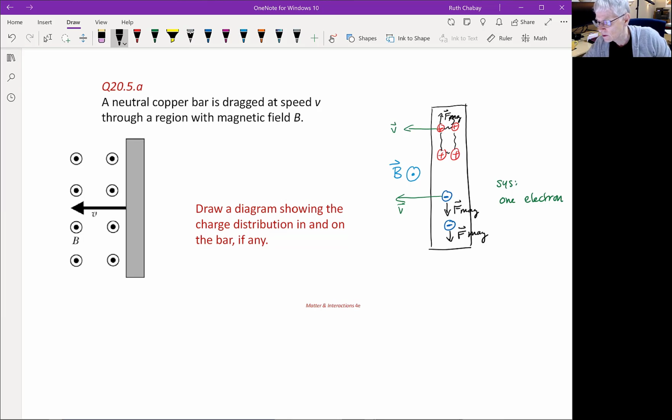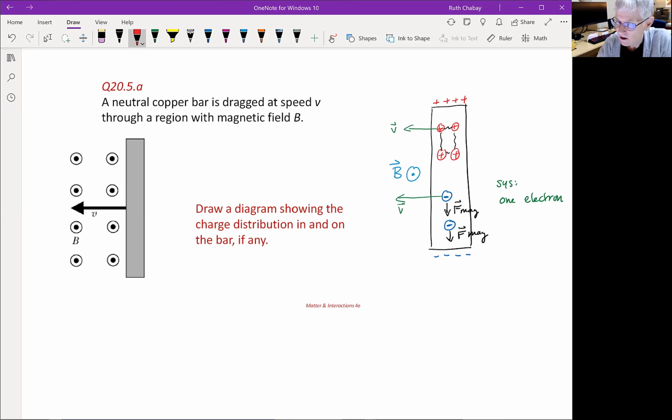So this force on the mobile electrons is going to lead them to move down and start to accumulate on the bottom of the bar. And this means that if the entire mobile electron sea in the bar shifts down, we're going to be left with a deficiency of negative charge at the top of the bar.